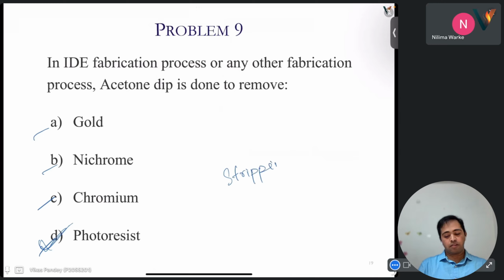In some very specific cases only you will find that acetone is not effective, and in that case you can go for some specific strippers, or generally if you have adequate resources you go for a stripping solution. It is anyway acetone only.